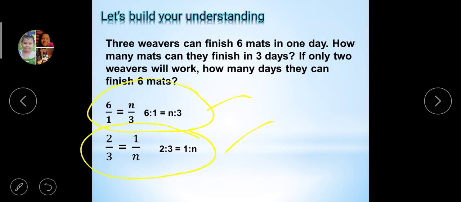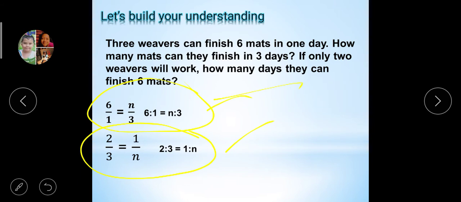So, why? Pag sinabi po nating direct proportion, yung first ratio should increase as well as the second ratio. Okay, so halimbawa, di ba for this proportion, for this ratio, kapag yung tatlong tao ay nagtrabaho ng isang araw, matatapos nila yung 6 mats.